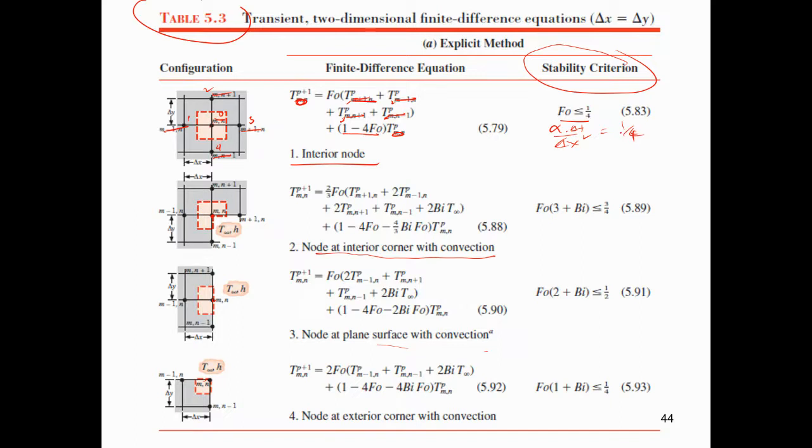You can go less than 1/4, then it will be more stable, and the solution is more accurate. And if you go less than this, you can see the solution not changing. So the solution is more stable.